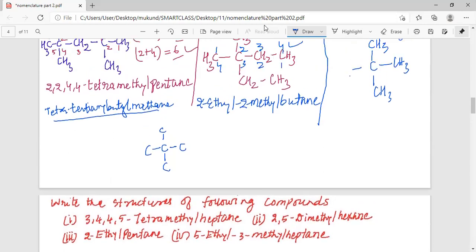So this is the carbon that we have linked, and then each carbon is bonded with a methyl group. This is how you can see. So you can see that each carbon is bonded with the methyl group.